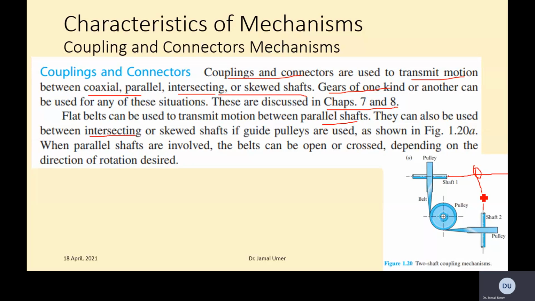But we certainly need some guiding pulleys in between those, as shown in the figure. When parallel shafts are involved, the belts can be open or crossed depending on the direction of rotation desired. So it really depends on the direction; you can have the open belt or the cross belt as well.